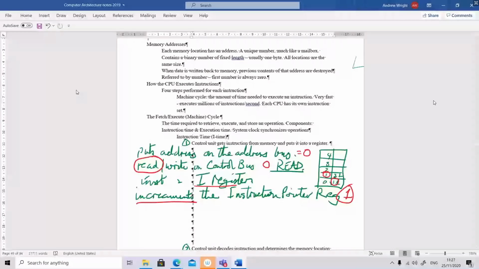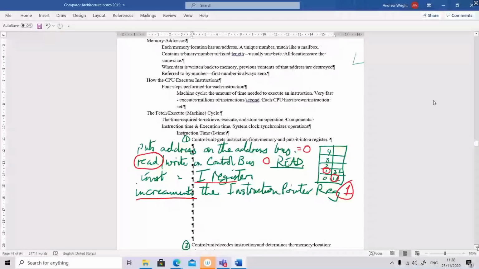So there's another thing about pipelining. We move on, if you like, and get ready for the next instruction. So that makes things a bit faster. Okay, so we get the instruction into the register.